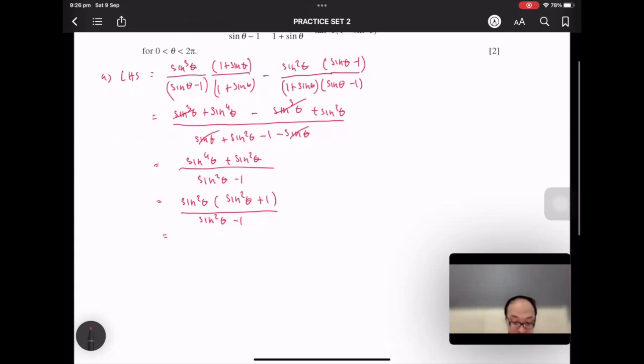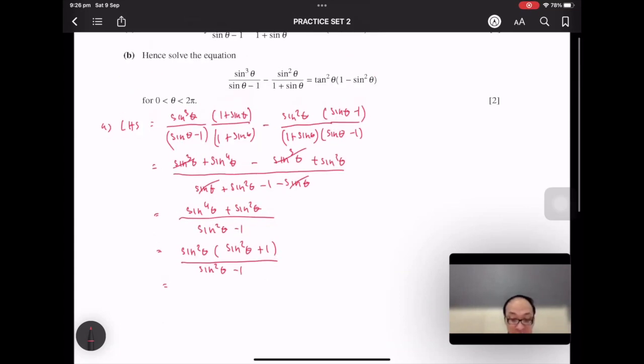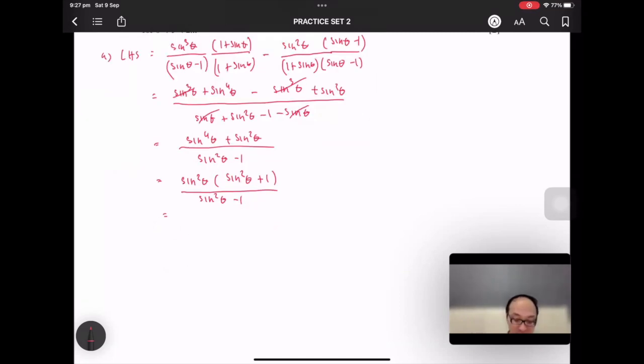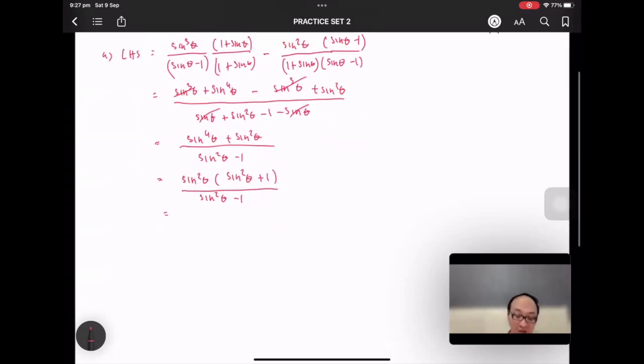Sine square theta minus 1 can be written as negative cos square theta. Yeah, don't forget the identity: 1 minus sine square theta equals cos square theta.